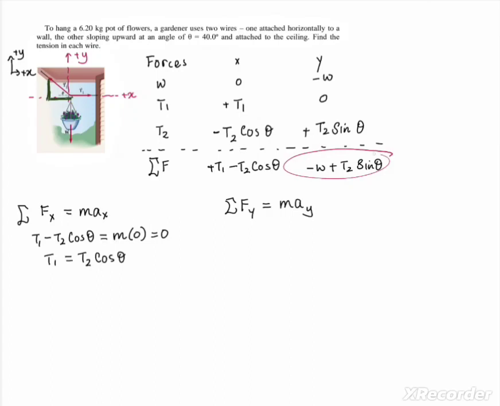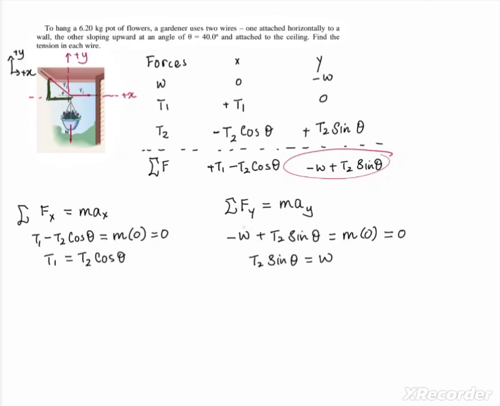So now we are going to look at the y component, which is negative W plus T2 sine theta equals m times 0 again, because the y component of acceleration is also 0 because this entire system is stationary and there's no acceleration. So that gives us T2 sine theta equals the weight.